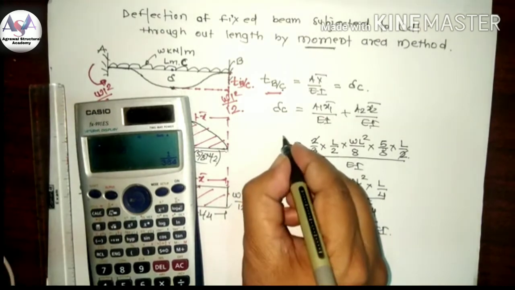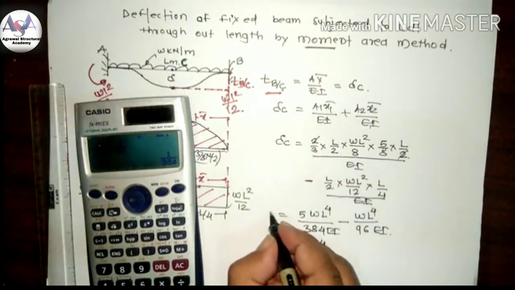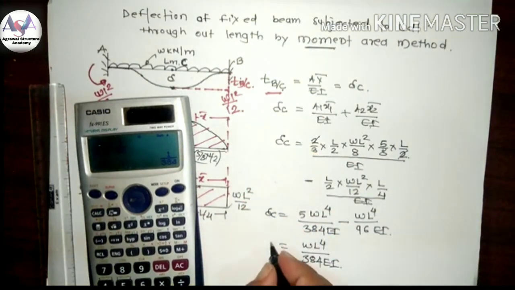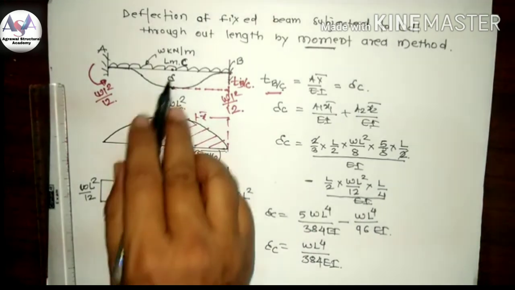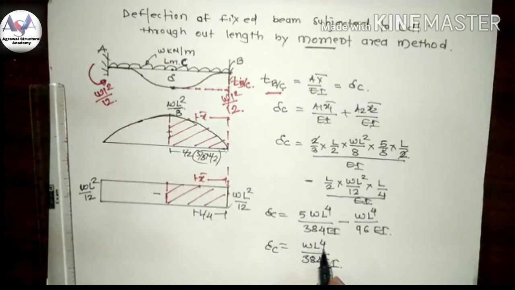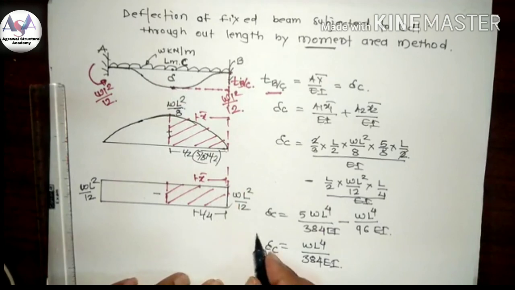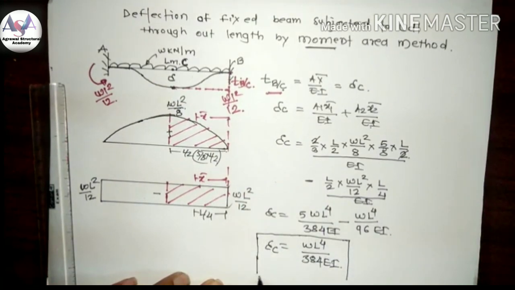So this is delta C. In this way we got the deflection at the center of the fixed beam subjected to UDL as WL raised to power 4 divided by 384 EI. Thank you.